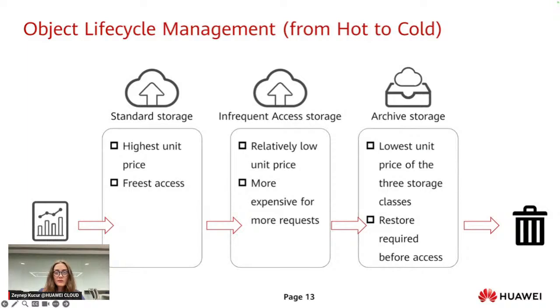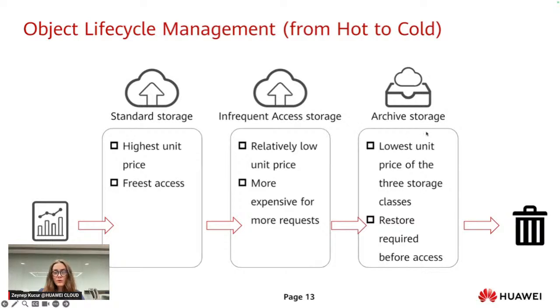So if we talk about OBS lifecycle management, you got 3 types of storage here: standard storage, infrequent access storage, and archive storage. The standard storage has the highest price, but gives you the fastest access. So it's good for data that you need often. And infrequent access storage is cheaper per unit than standard storage, but more costly than archive storage.